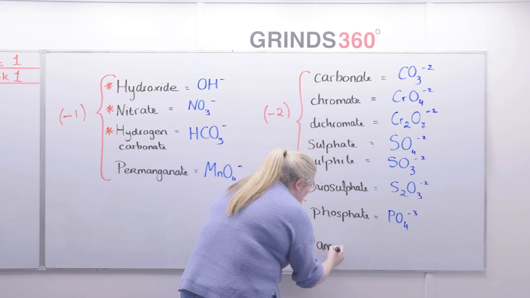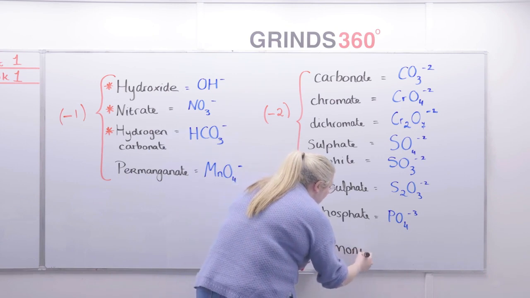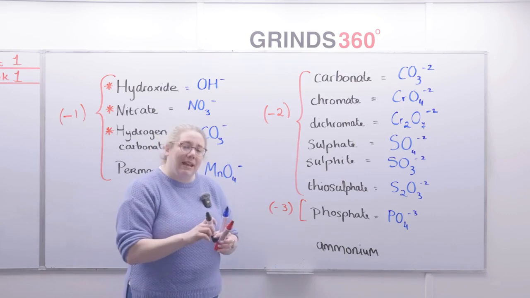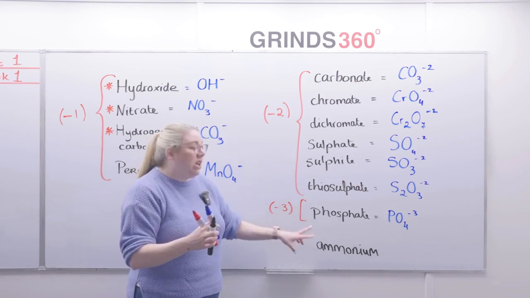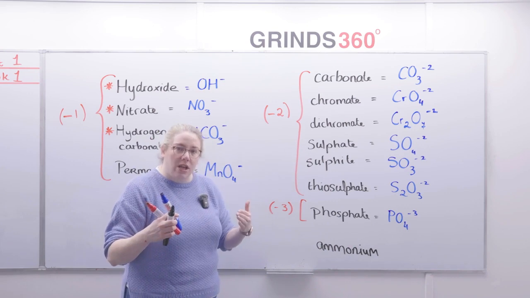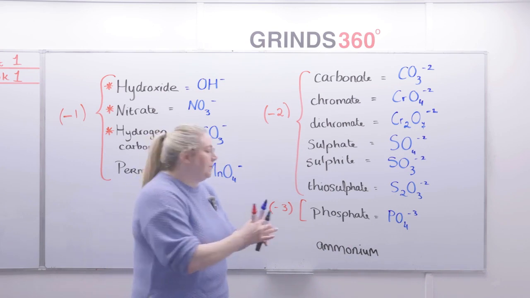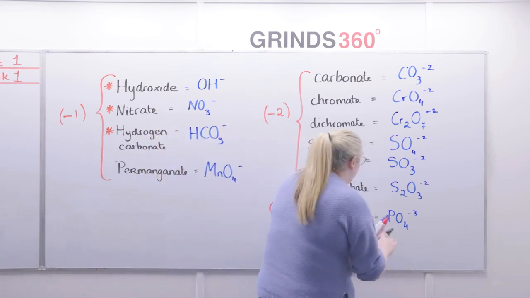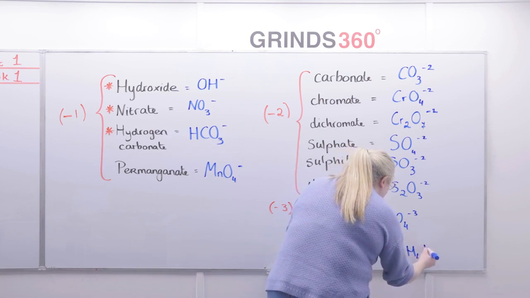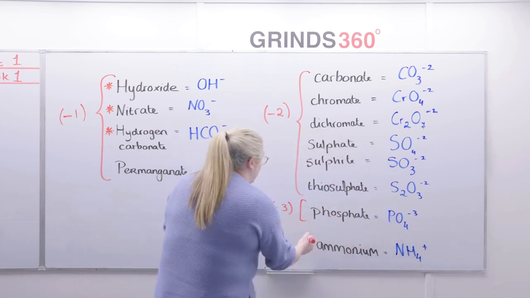If you've been doing chemistry for a while, you've probably come across ammonia. The formula for ammonia is NH3. The ammonium ion has an extra hydrogen. It has gained a proton because ammonia is a base. So the formula for this is NH4 plus. So that's my +1 ion.